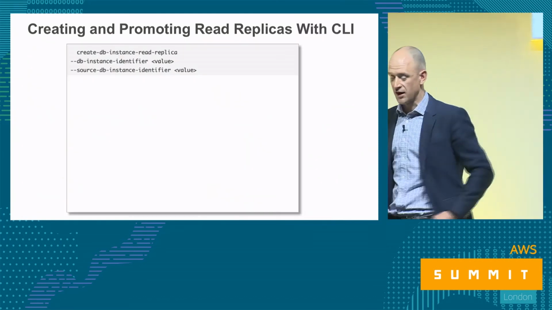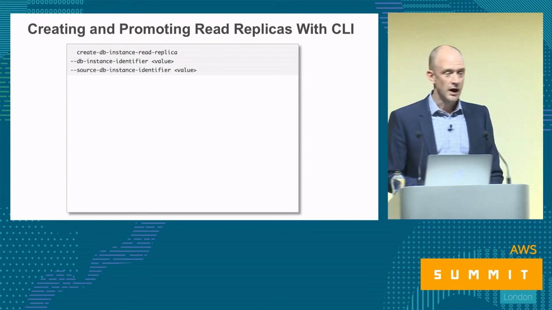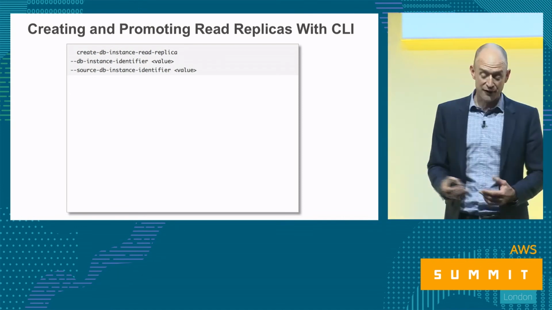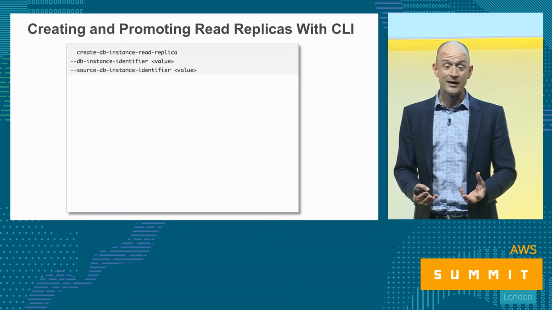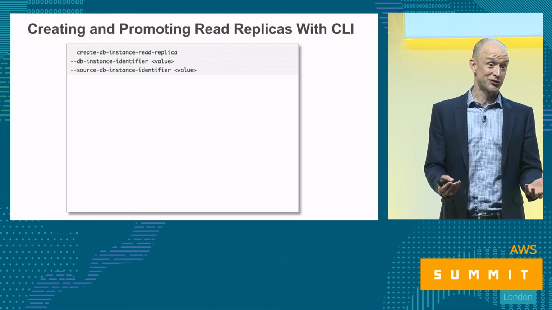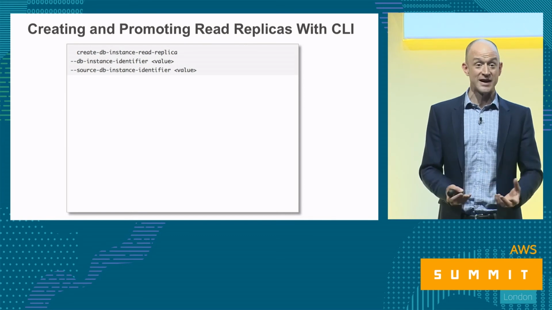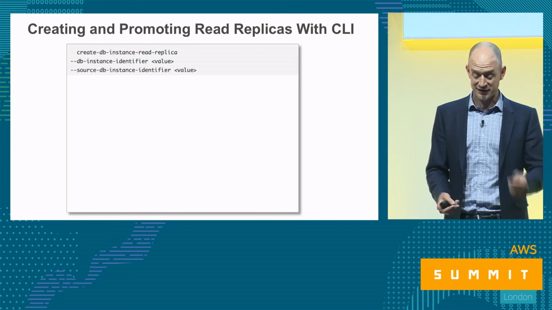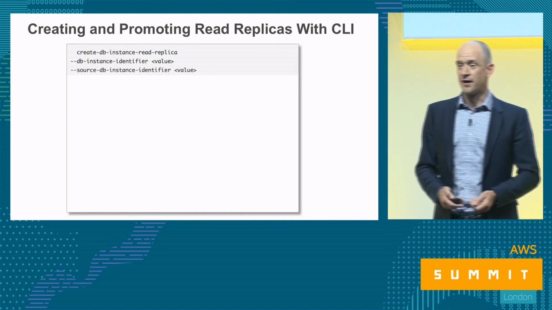And here we are within the CLI. And for anyone that's new to AWS and you want to learn about the API, I think the CLI is a great way to go about that. If you have a look at the CLI help file for a particular service, as a practical tip, it gives you great visibility of the capabilities that are exposed by that service. So for example, if you want to learn about RDS, go have a look at the CLI for RDS.